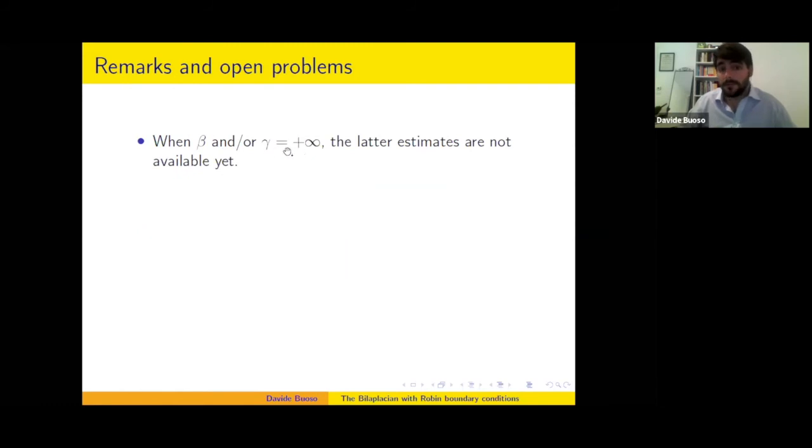When gamma is equal to plus infinity, you must take functions which are 0 at the boundary. So you have to use completely different test functions, and apparently this does not seem to be the right technique to use in that case. However, we strongly suspect that these are the rates of divergence, and probably with the same constant.